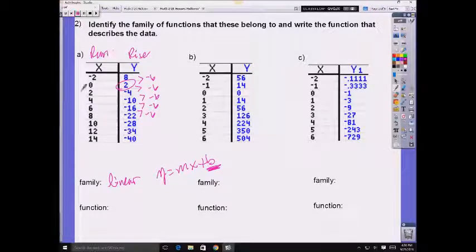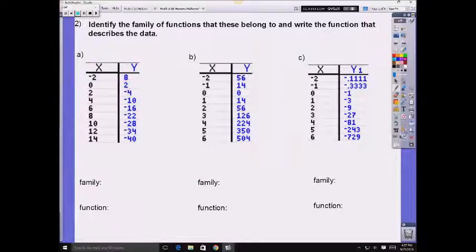And this is kind of a trick question because these are going up by 2's, and I need to know it's going down 6 every other time. I need to know how much it's changing every single time. So my slope is going to be rise over run, and it is going to be -3. So your function is y equals -3x plus 2.